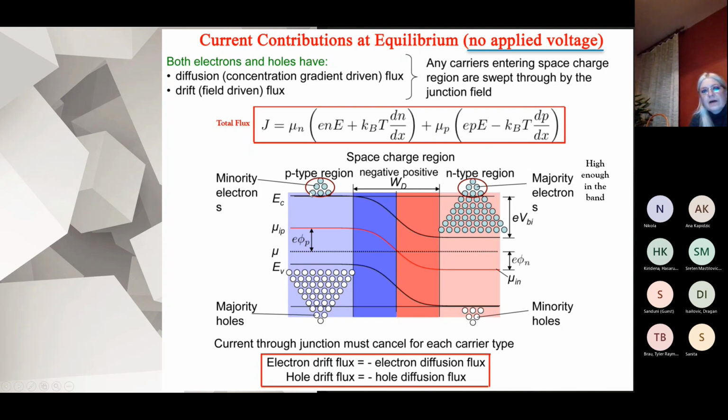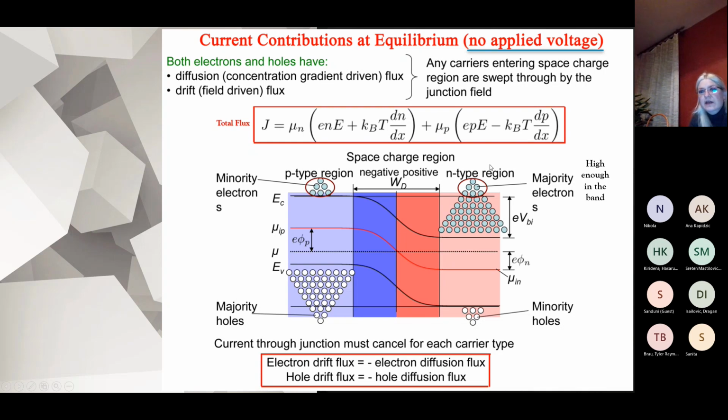Of course, the highest number of these minority electrons present in the region will be at the lowest energy level, and then that number decreases as we go up and the energy of the different electronic levels increases.